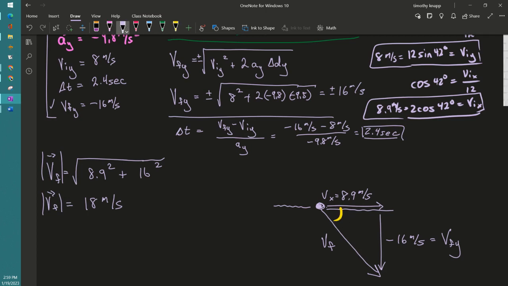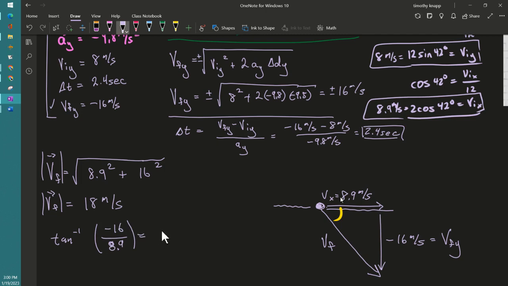Okay, and knowing that that is the angle, a pretty quick and easy SOHCAHTOA lets me know that I can use the tangent inverse to find the angle, because I have the opposite and the adjacent. So I know that the tangent inverse of the opposite, negative 16, over the adjacent, 8.9, is going to be my angle, okay?